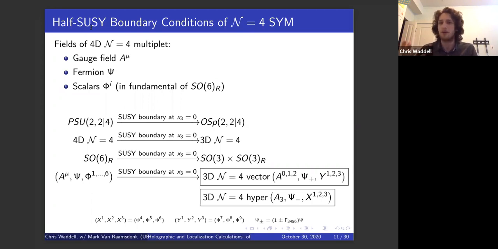And then our original multiplet is going to decompose with respect to the reduced supersymmetry to a 3D N=4 vector multiplet and a 3D N=4 hypermultiplet. And the idea is that when we're trying to construct our general boundary conditions, we will be imposing different independent boundary conditions on these 2 3D multiplets, and then possibly coupling in some extra degrees of freedom at the boundary.